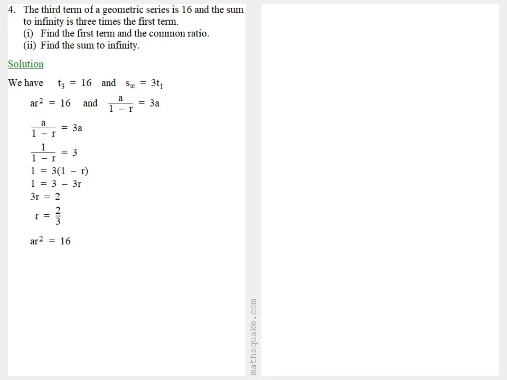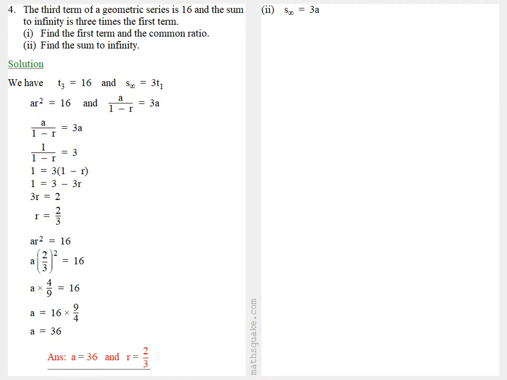Now we've got ar squared is equal to 16, so a times 2/3 squared equals 16, or a times 4/9 is equal to 16, so a is equal to 16 times 9 over 4, a is equal to 36. So we have the first term a is equal to 36, and the common ratio r is equal to 2/3.